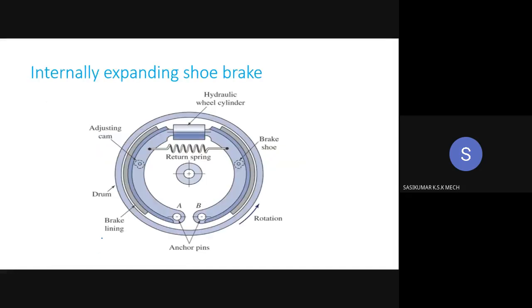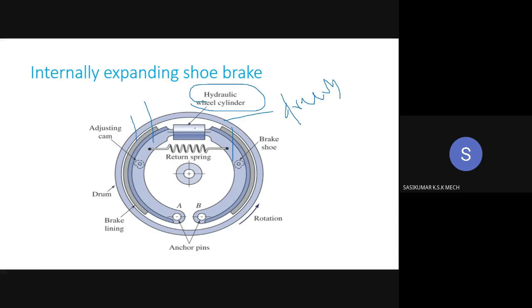Another kind of brake, which is commonly used in all automobiles like bikes, cars and all, is the internally expanding shoe brake. Here you have a hollow rotating drum, into which you have the brake lining and brake shoes. These brake shoes are actuated by the hydraulic actuator.